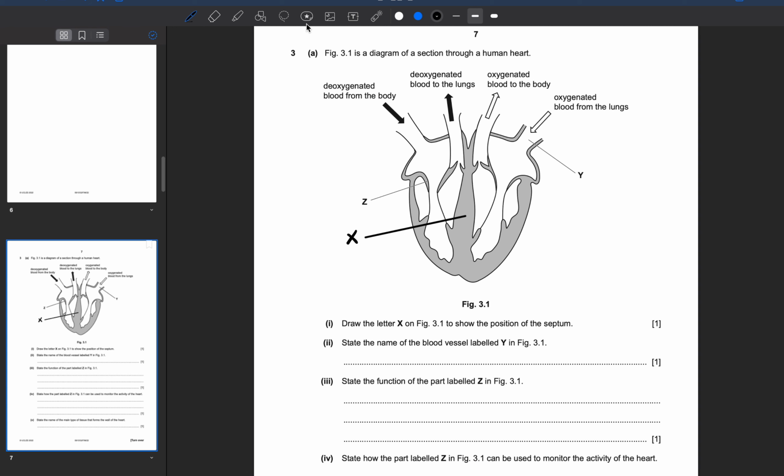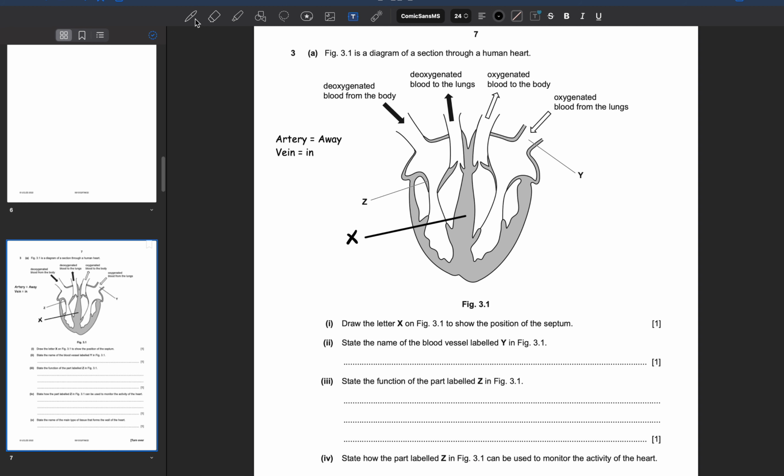As we know, we have arteries and veins. The word artery starts with an A, so we call it away from the heart. So any blood coming out of the heart is coming out of an artery, and any blood carried by a vein is going in.